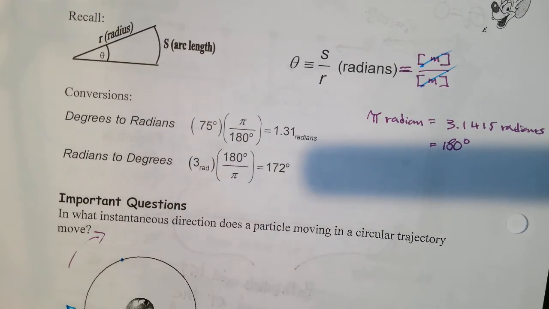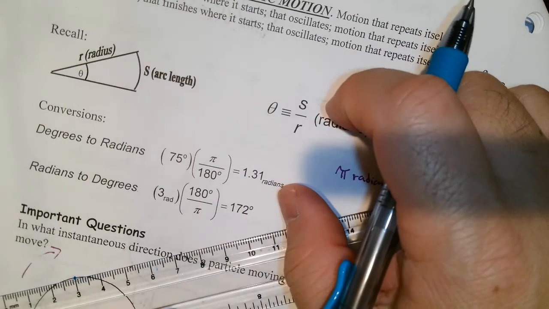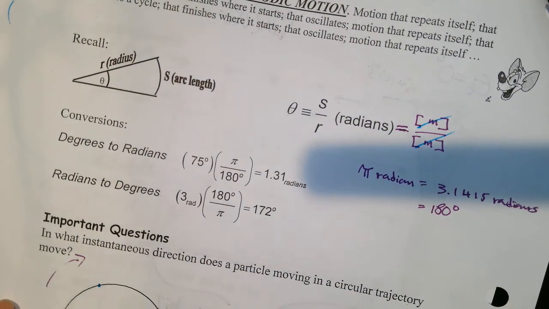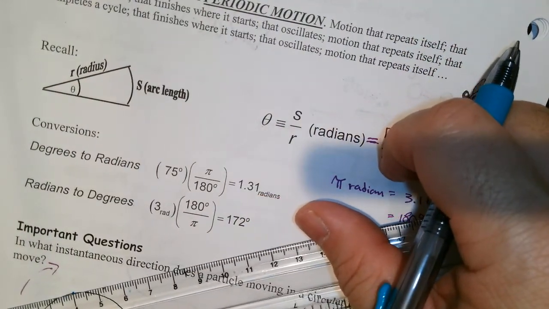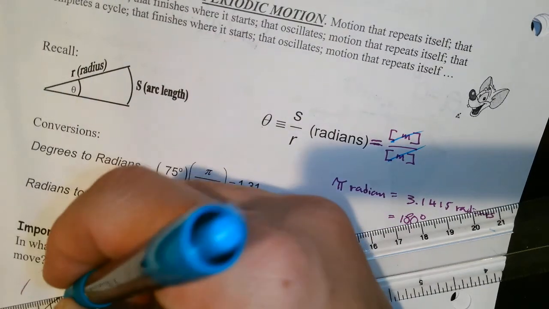Similarly, here we'll also have a velocity vector that is tangent to the circular path.